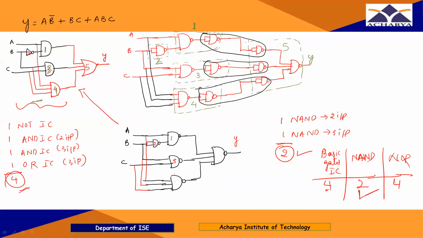So here if you compare this, here NAND implementation is better. So whatever the ICs you are going to use in the lab, all ICs are made up with NAND gates, because when compared to NOR gate, the number of gates or number of ICs required in the NAND are very less. That is why most of the ICs are made up with NAND gates. Students, now I am going to wind up this session. I'll continue in the next class.